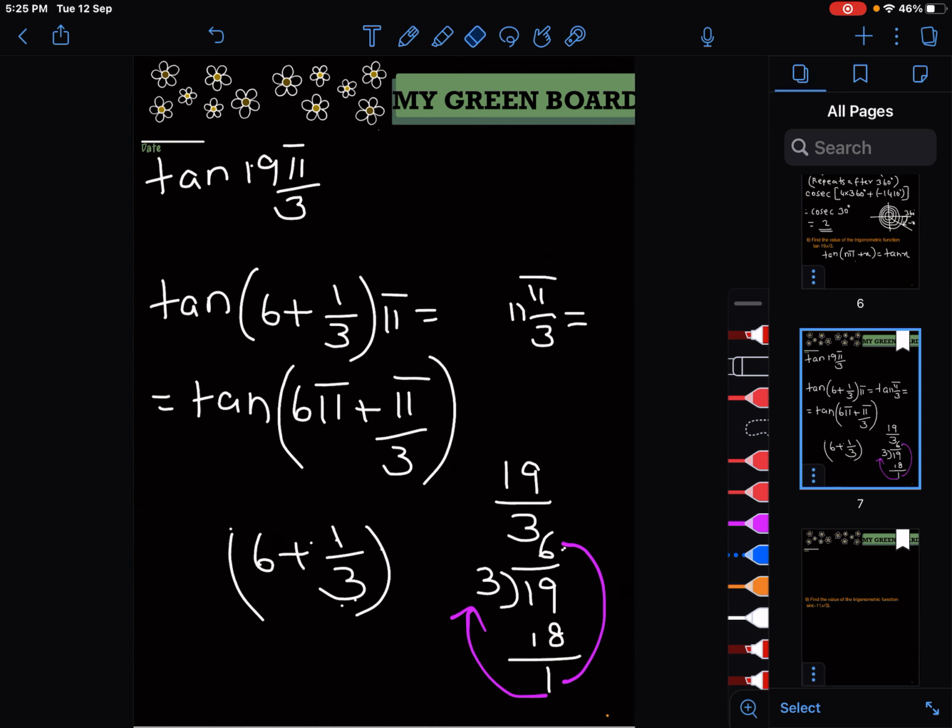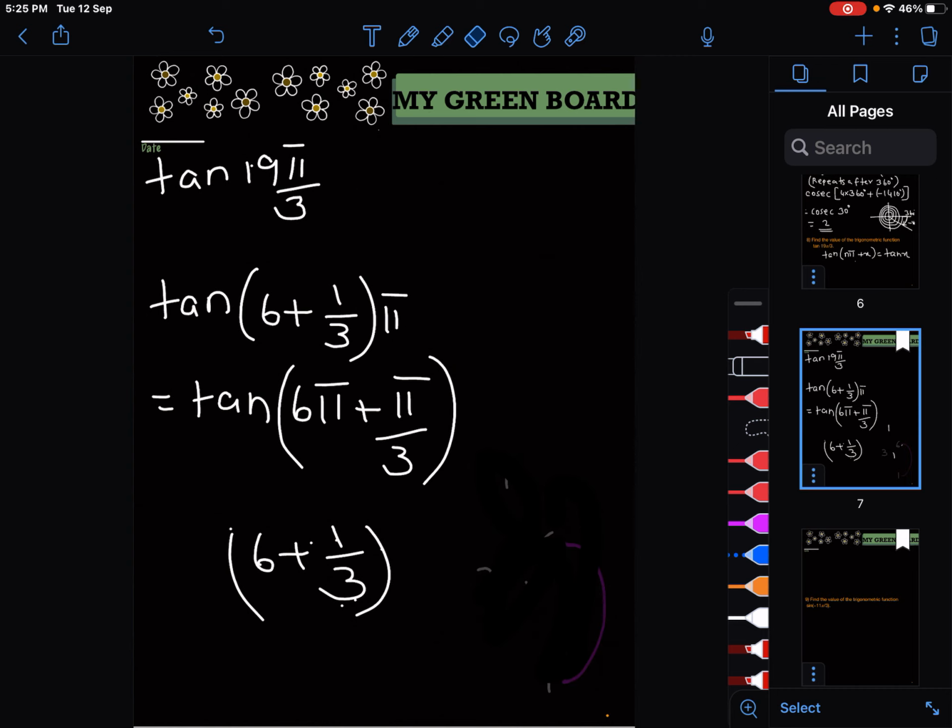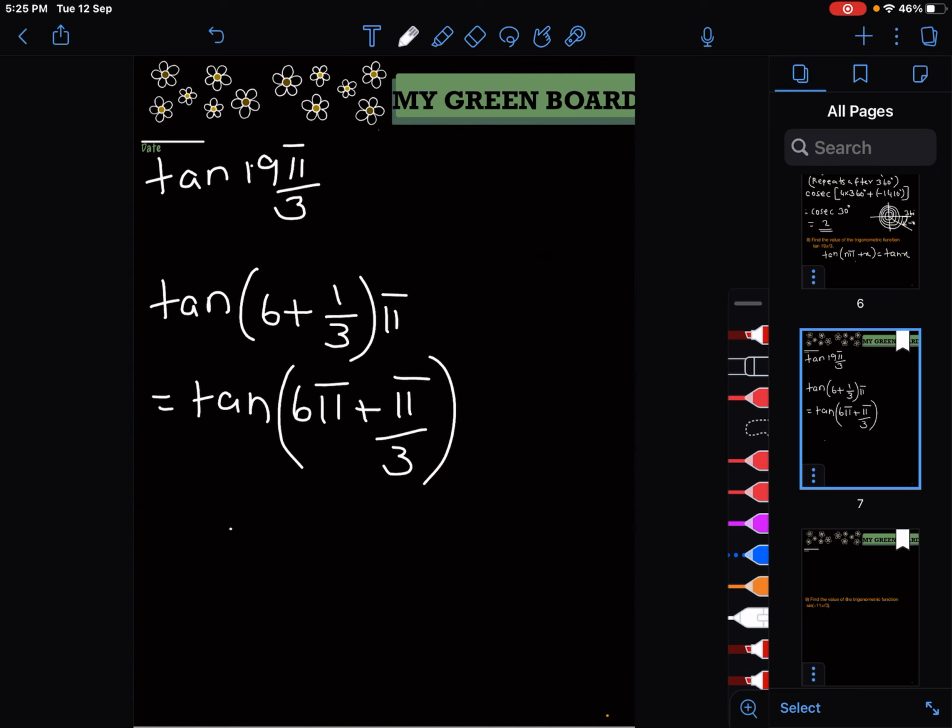Okay children. See, now what happens is tan 19 pi by 3, I am splitting it as 6 plus 1 by 3 by making it a mixed fraction. Now because tan comes in multiples of pi, so this is the multiple of pi. I have taken the identity. What was the identity?